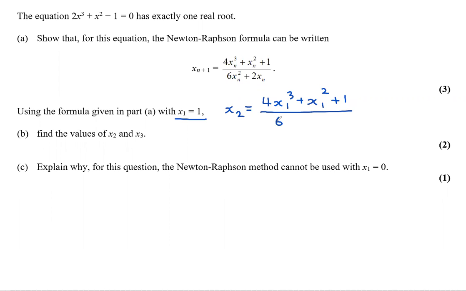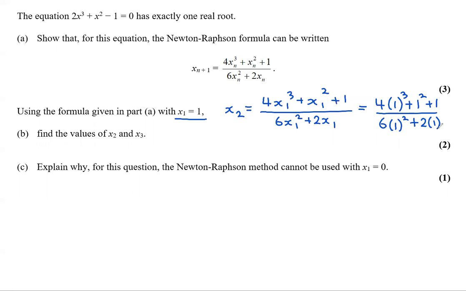Okay, so it's going to look like this. Now that means that if x1 equals 1, we're going to have 4 lots of 1 cubed plus 1 squared plus 1 over 6 lots of 1 squared plus 2 lots of 1. Okay, so you can do that pretty easily.